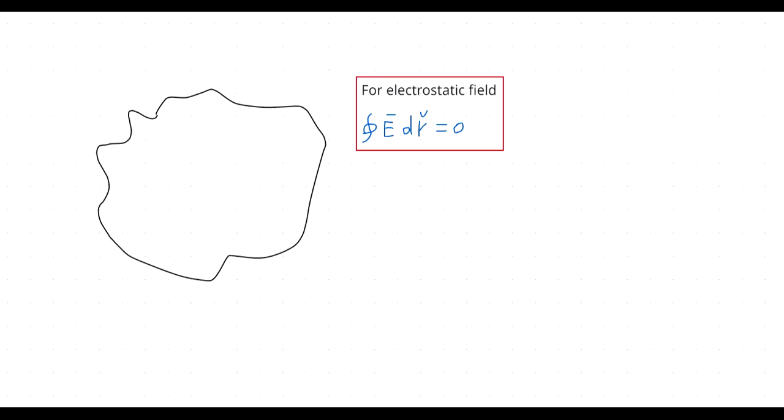So the density of free charges inside a conductor is equal to zero.